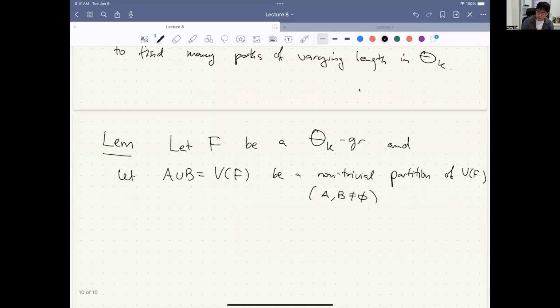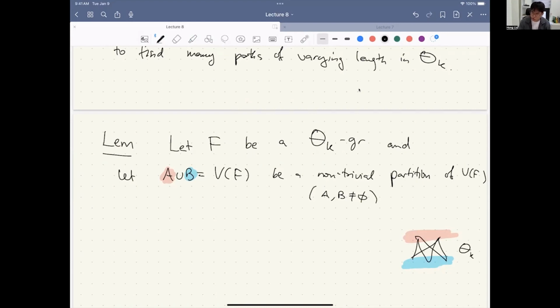The conclusion is that, so you have this theta graph, you have some partition A and B, and you have theta graph lying somewhere here. I don't know how it looks like. This is your theta graph.